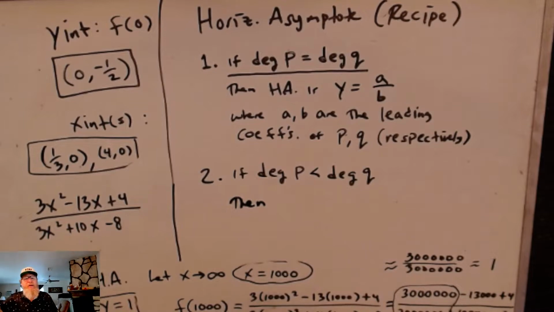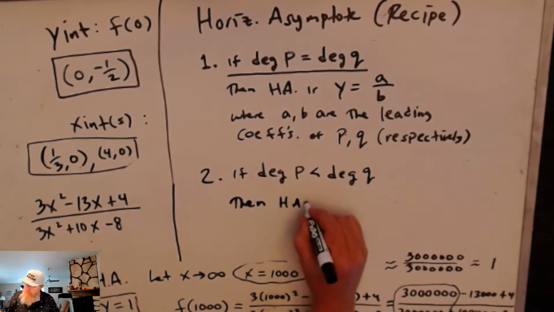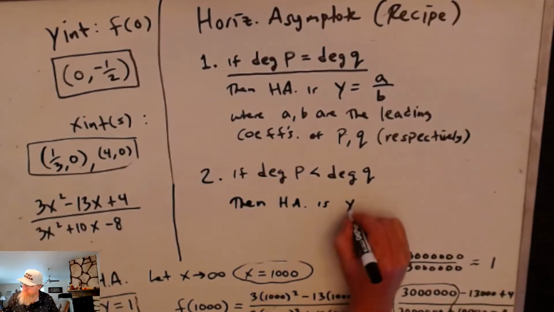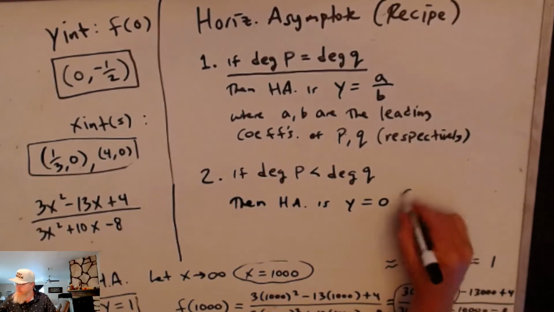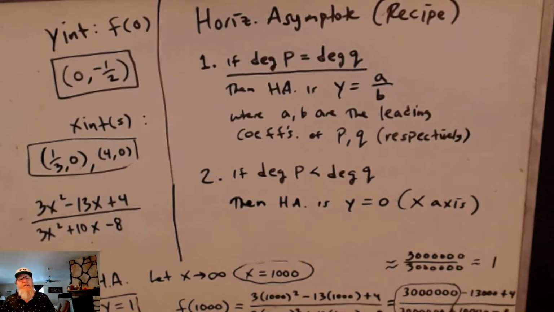If the numerator is smaller than the denominator, when you plug in a large number for x, the denominator gets very, very large, and the numerator is relatively small. So the HA is very simple. It's the x-axis, y equals 0. It's the x-axis.